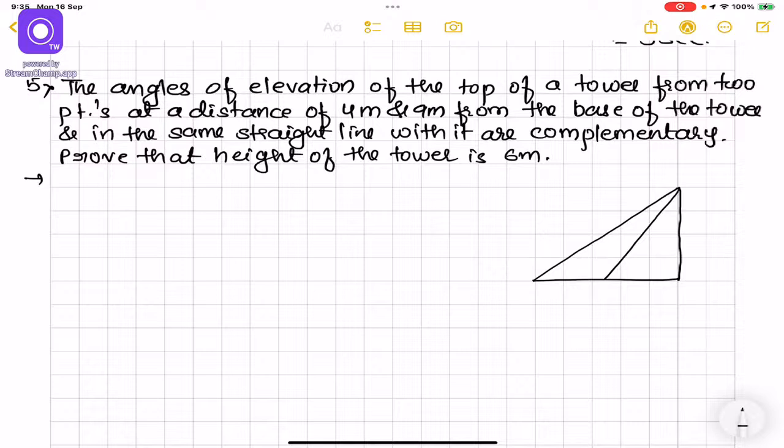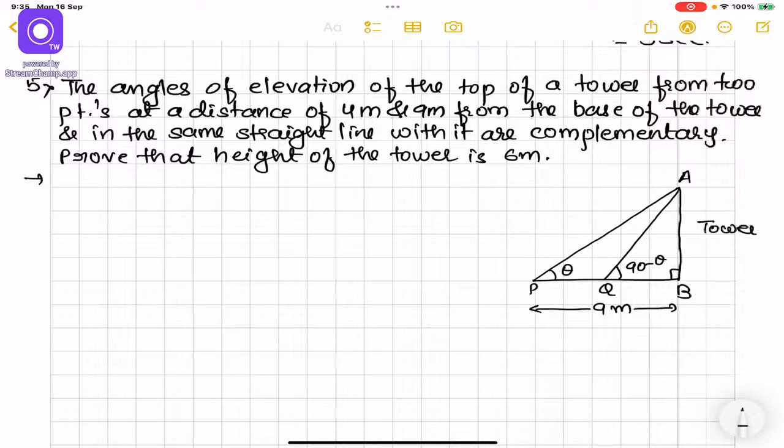Now, see, I am taking this as A, this as B. That is tower I have taken as AB. This angle is theta, so this will be 90 minus theta because they are complementary. Complementary means sum should be 90. So accordingly I have done.